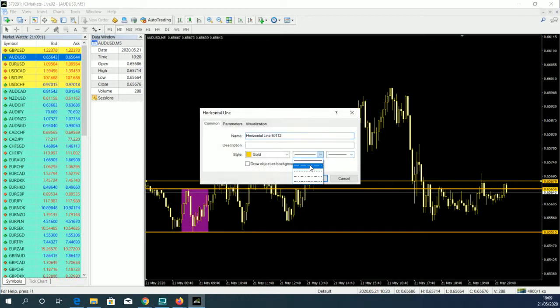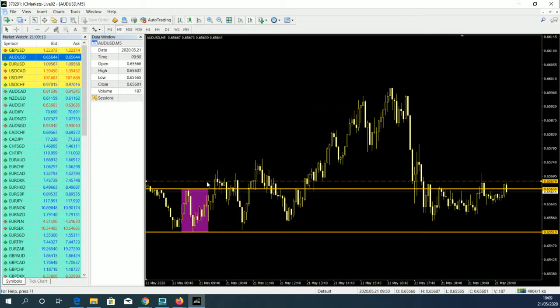You may have bought here. You were saved from the stop loss. Second time you were saved from stop loss again. If you haven't got up to 10 pips here, fine. So eventually this might be a good day for anyone that did Aussie dollar.